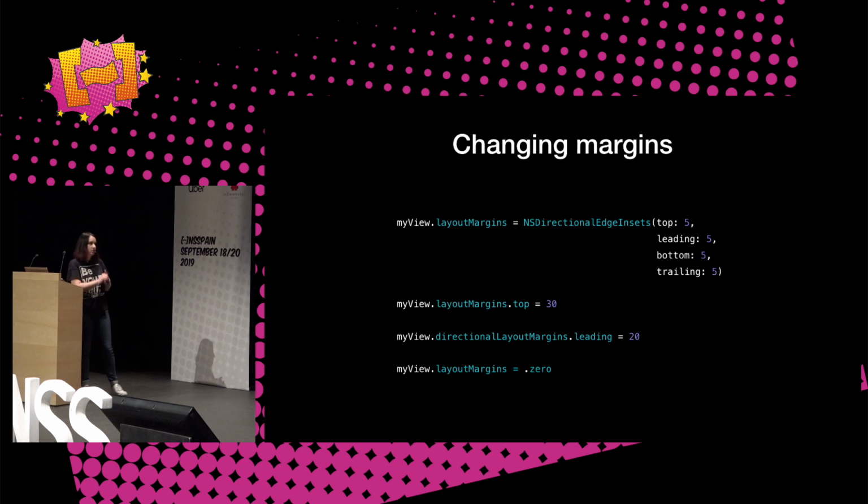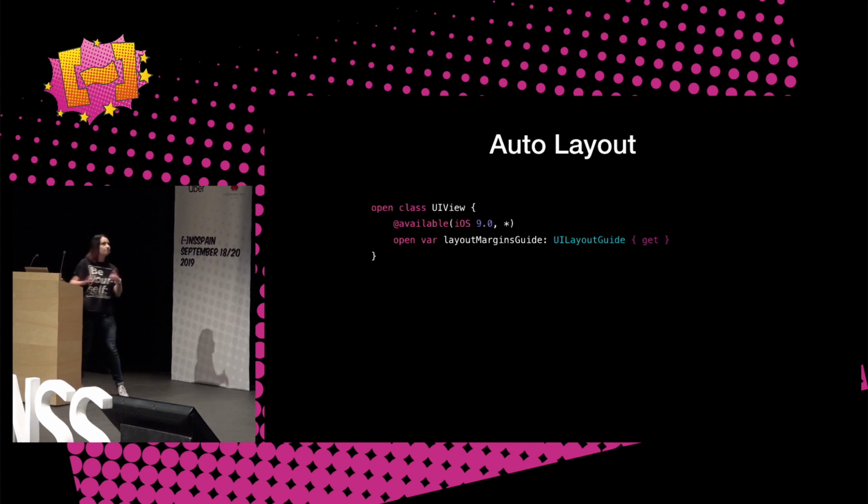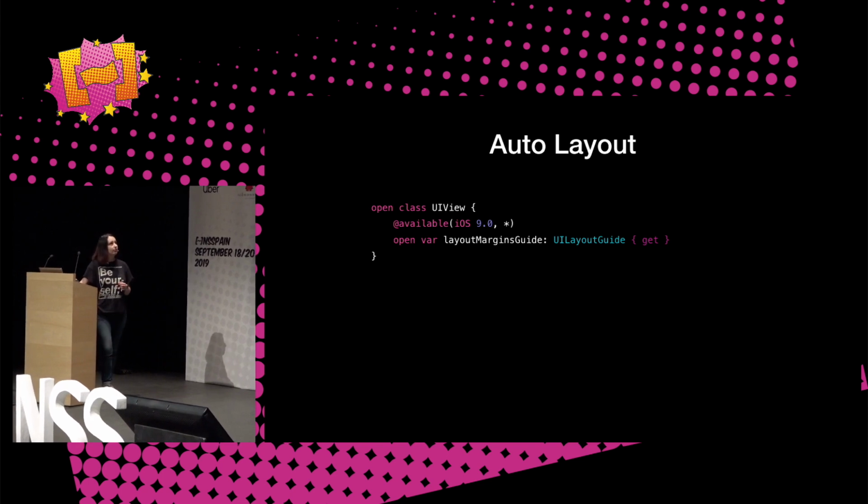But the thing is that just setting those values or them having some default doesn't actually affect your UI unless you look at these values and respect them. So if you're using Auto Layout, then it's quite simple to get full advantage of layout margins.